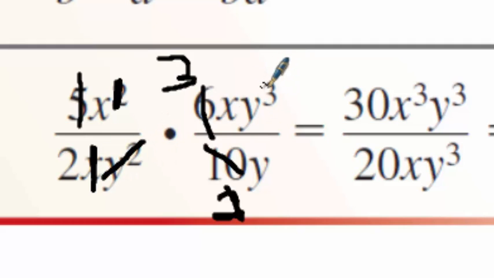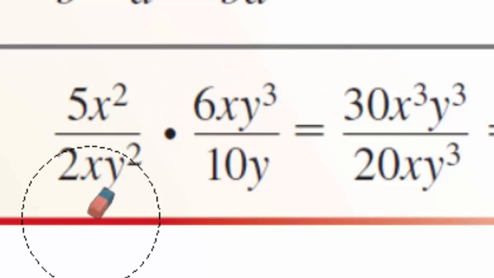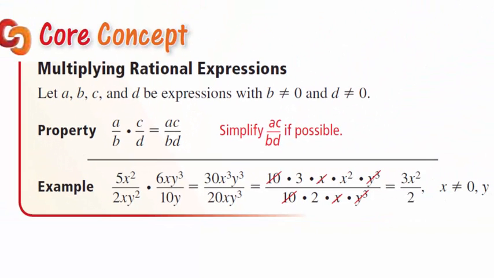Y squared is going to subtract 2 from the power. So that's another way that I could set these up. In all cases, I'm going to end up with 3x squared over 2, and anything that was in the denominator that is a variable cannot equal 0.